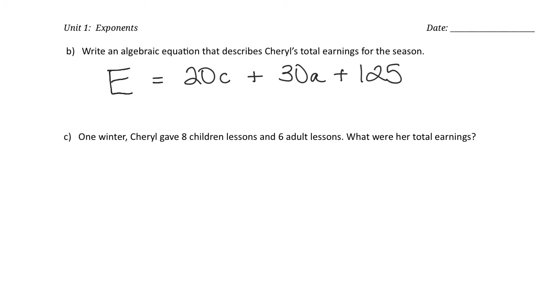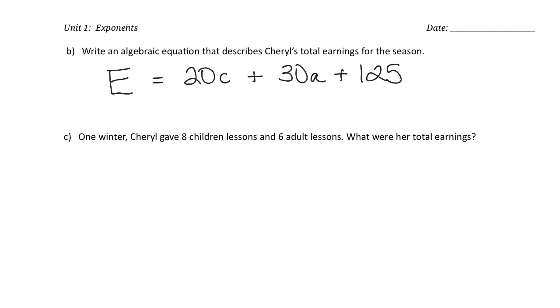So if we put all of that together, that's going to give us our algebraic equation. So her earnings are equal to $20 for every child, plus $30 for every adult that she teaches, plus that flat rate of $125 for the entire season.